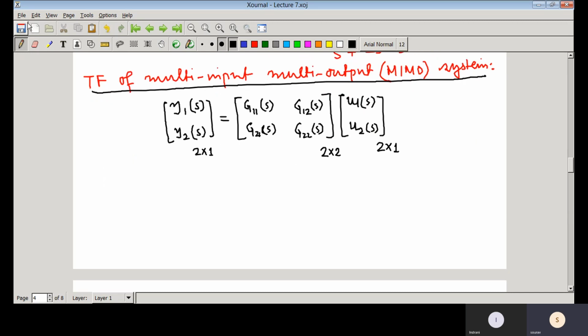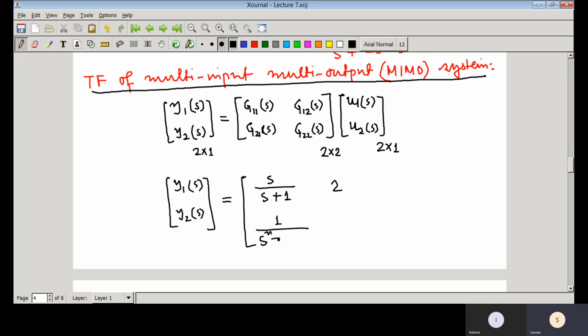For example, suppose you have Y1(s), Y2(s). Here you can write that this is s plus 1, which is, suppose, a constant gain, and this is 1 by (s square plus 2s plus 3), and here this is (s plus 2) by (s square plus 5s plus 3).